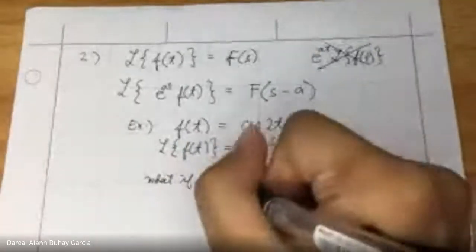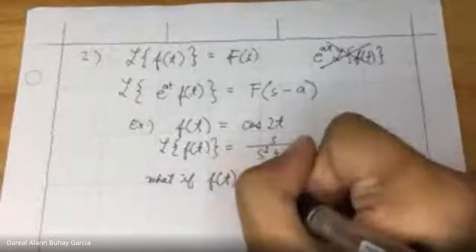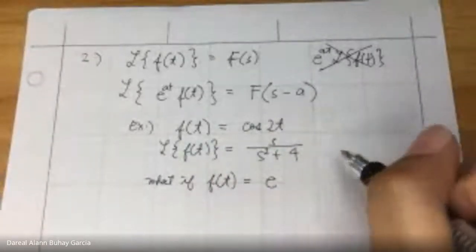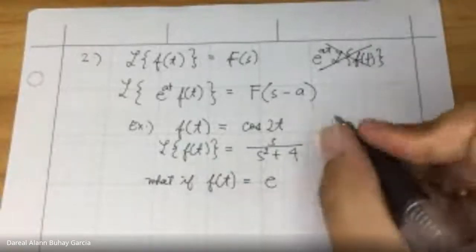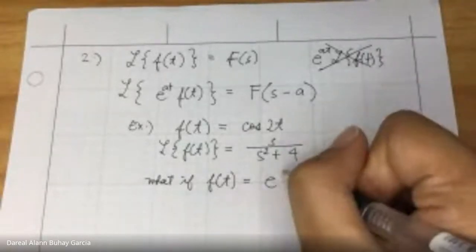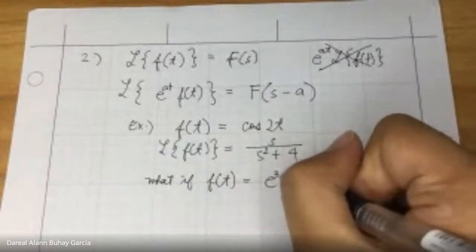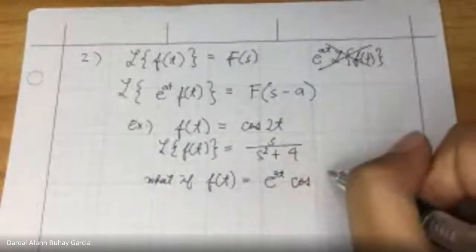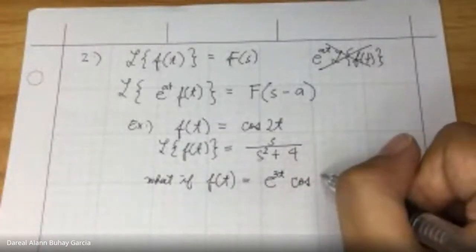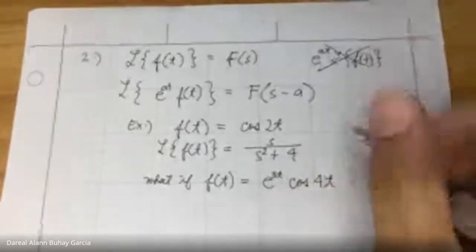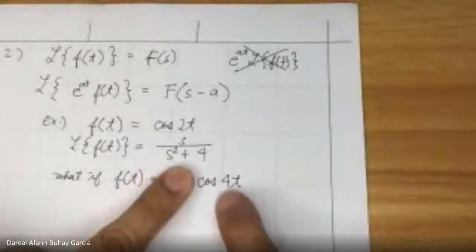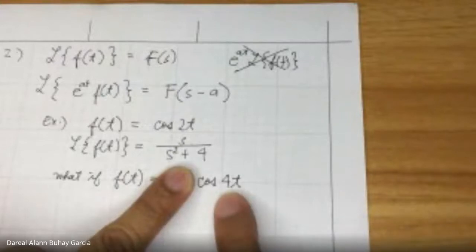our given function is e to the power of 3t times cosine 4t. If it were just the cosine given, the answer should be s over s squared plus 16.